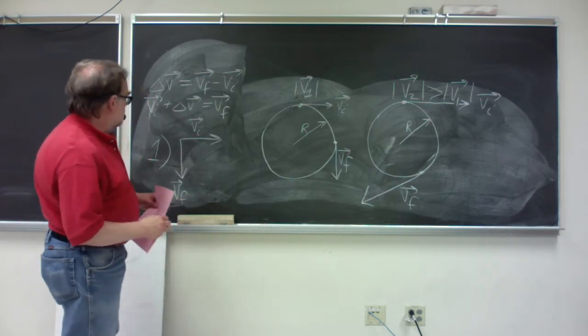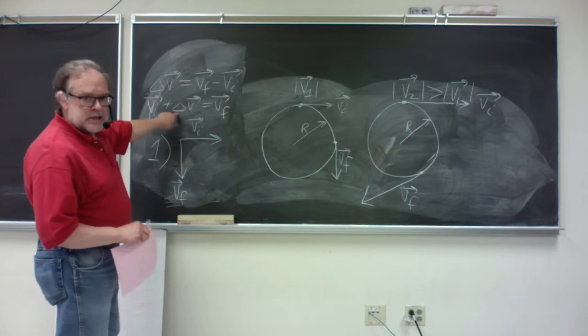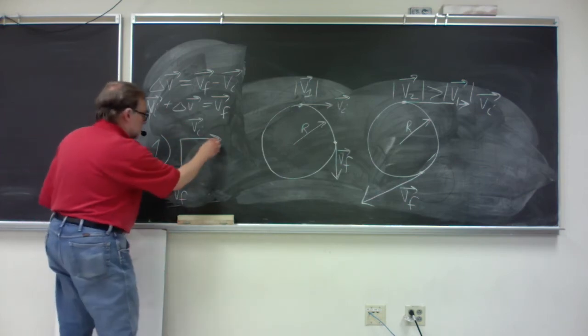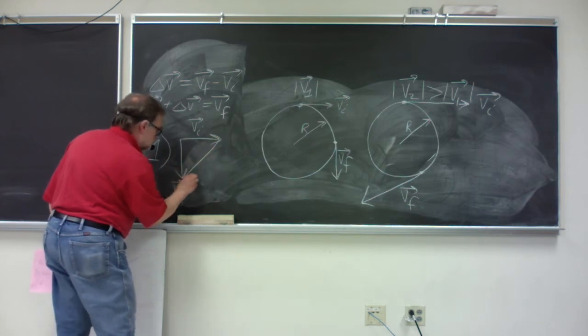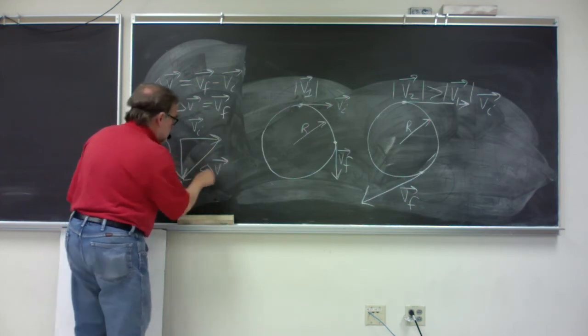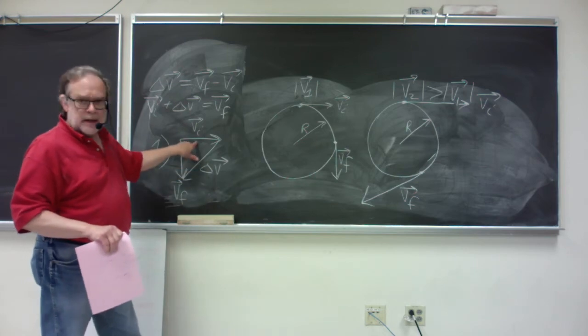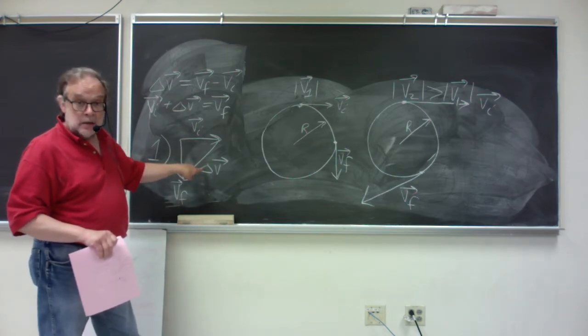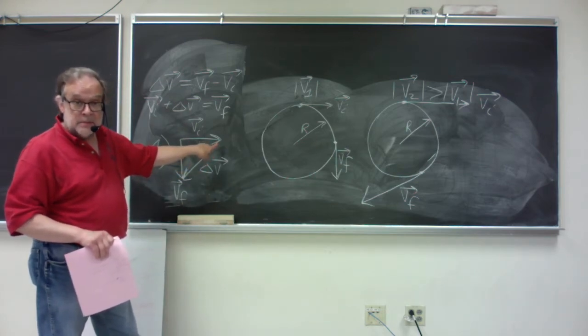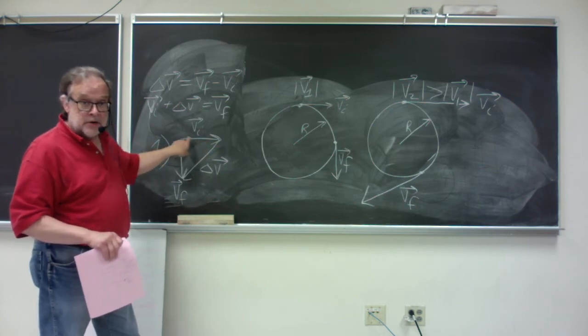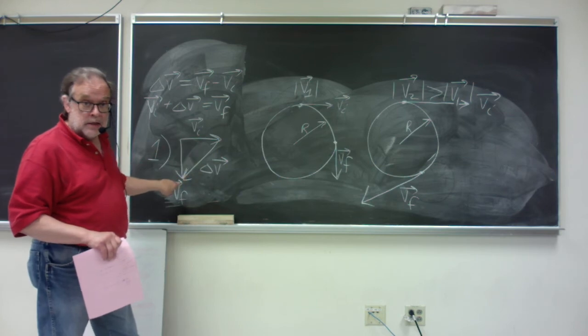So what kind of extra velocity do you have to add to this in order to get this? Well, it would be a velocity like this. You're adding delta V to VI, so you put the tail of delta V at the tip of VI. And then that makes a path that started here and ended here.